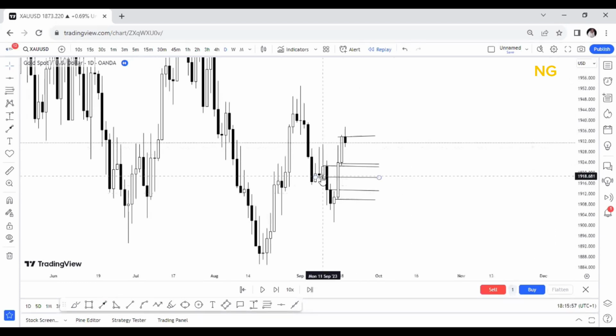So once you map them out like this, you know that at each level of this place, you are going to see a reaction. So you know how to time your trade. The setup now is that the price is going to tap into this place for you to come down to sell, because this place has tapped into it in the past.